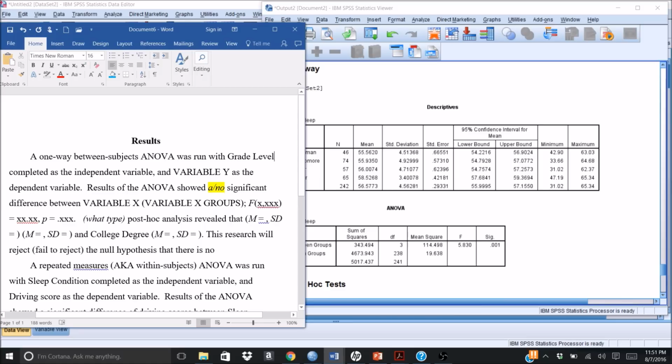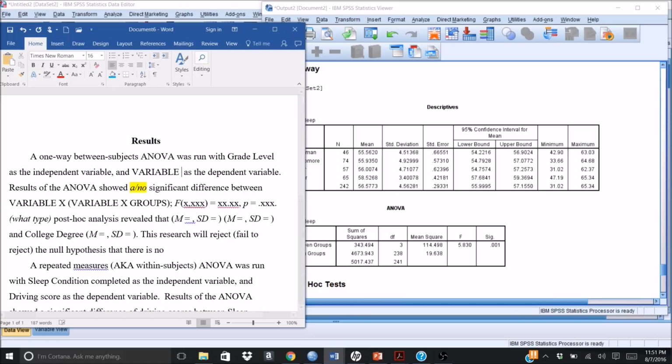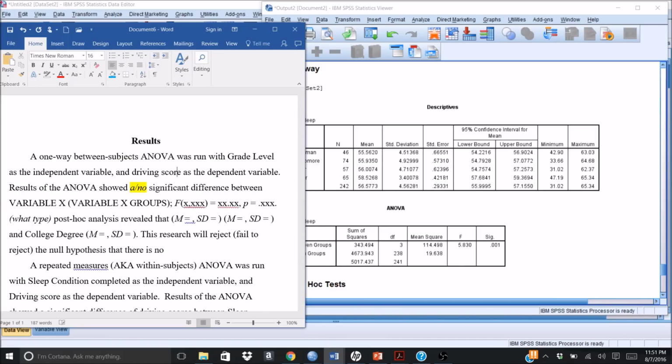With grade level as, we don't need the word completed. You can tell I cheated and copied this from other things. With grade level as my independent variable and driving score as the dependent variable. Results showed, and yes, it was significant.